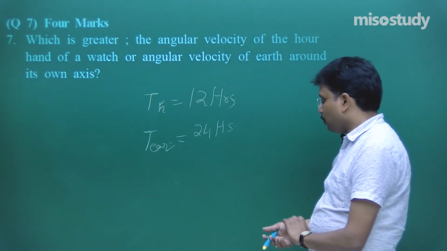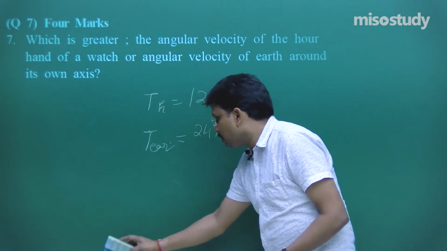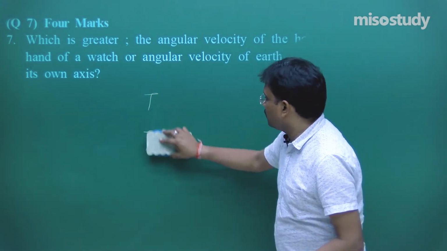Now use the formula, that is T is equal to 2 pi upon omega, which I mentioned earlier.